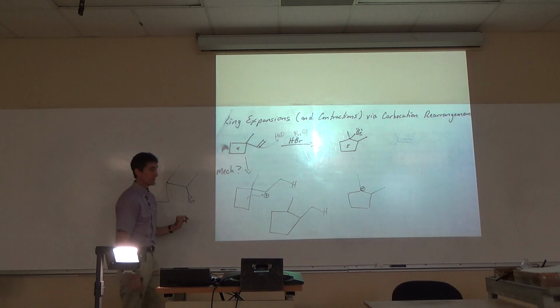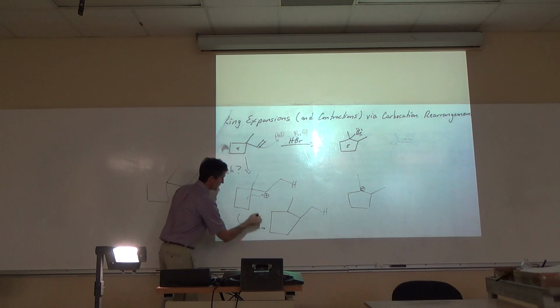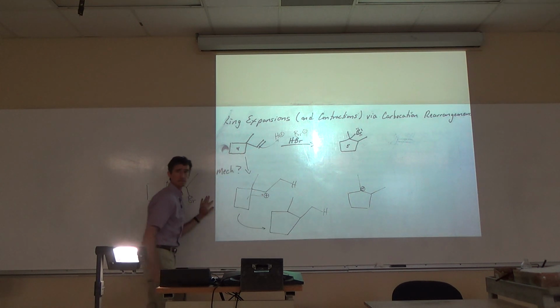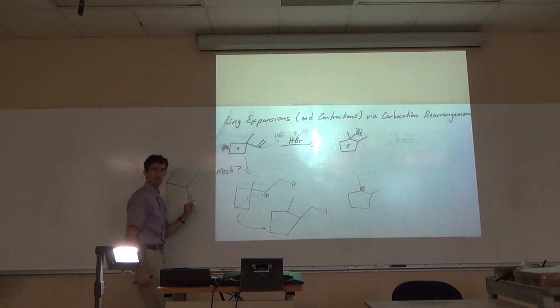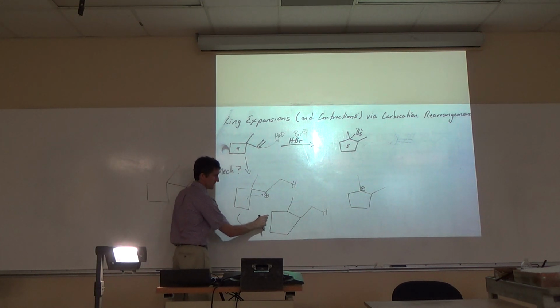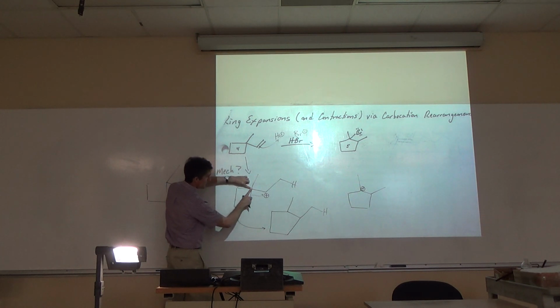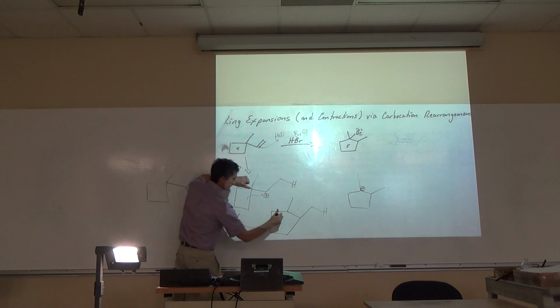So this mechanism arrow led us to this. But hold on, where's the charge at? Because you can't just leave the charge on the left or here. The charge should be here because this lost a bond. It gained a bond. Charge is now here.